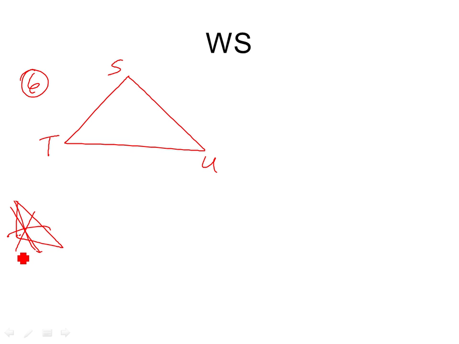What did they tell us about angle T? 85. Did they tell us any other angles? No other angles? All right. Did they tell us this side? Oh, wait, never mind.